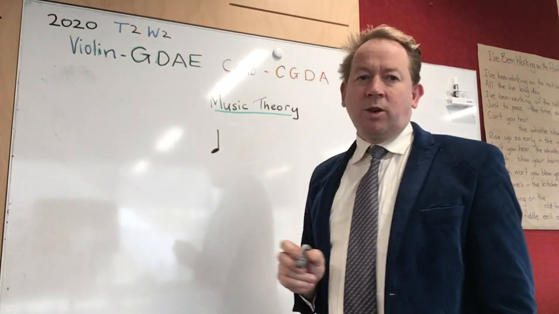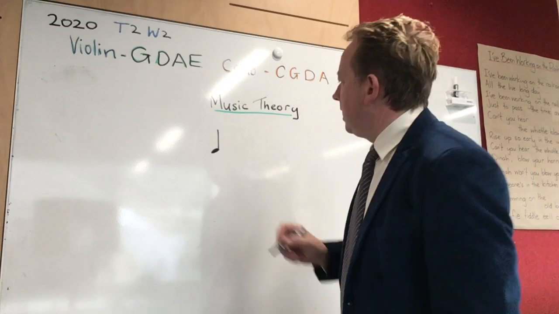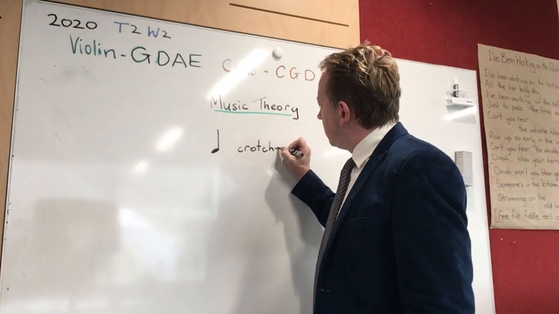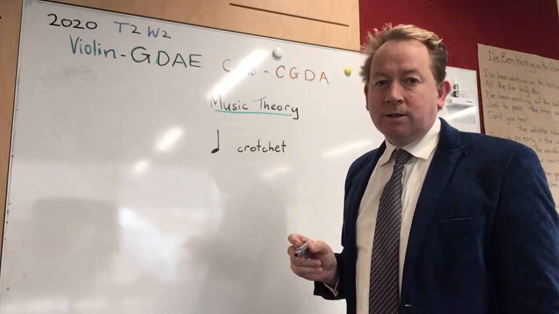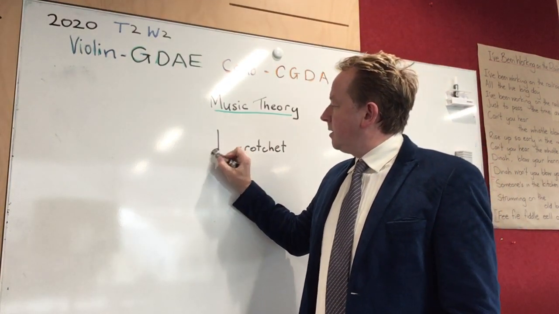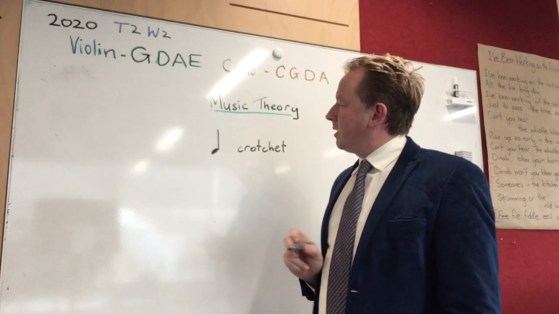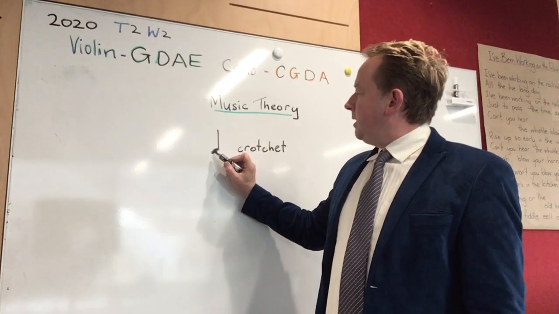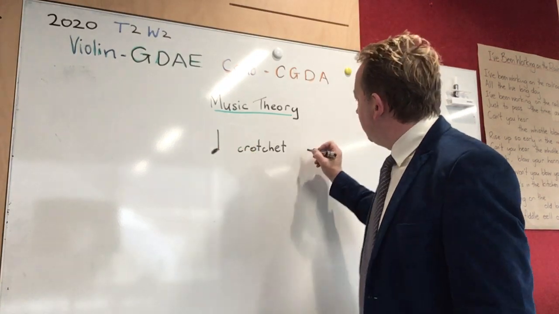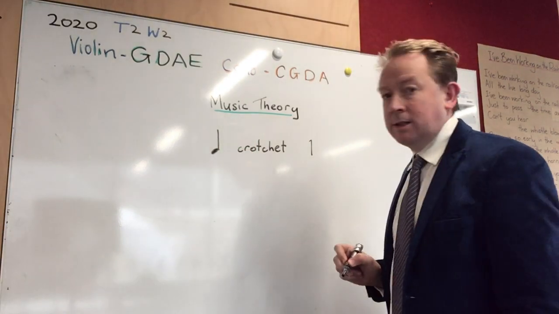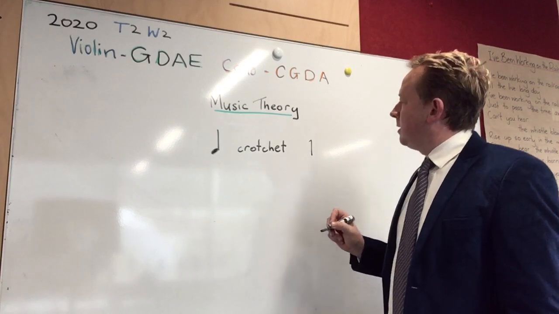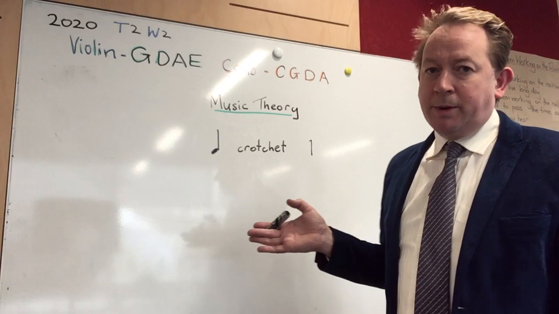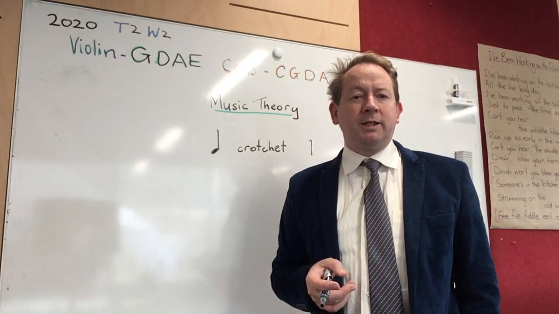This is probably the most commonly used note, and it's called a crotchet. And it's coloured in. You can see that I'm colouring that in, and it's got a stem. That's called the note head, that's called the stem. And this is worth 1 beat, and 4 of them usually make up a bar of music because we usually have 4 beats.